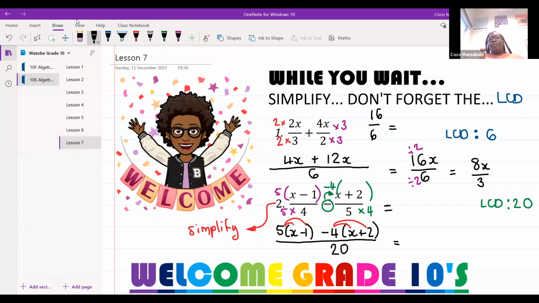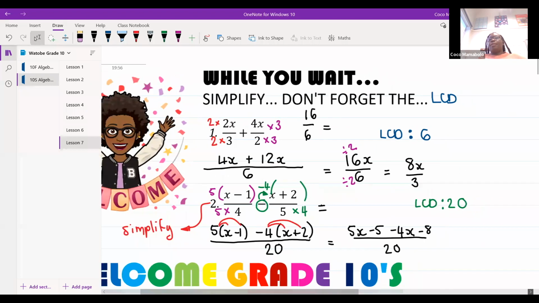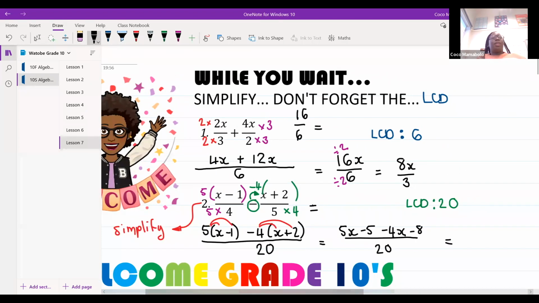So what I'm going to get is 5x minus 5 minus 4x minus 8 all over 20. Now I need to move to the side because I'm running out of space. Is equal to, and then I'm going to add like terms. 5x minus 4x will leave us with x, and negative 5 minus 8 will leave us with negative 13, all over 20. And you guys are absolute rock stars.